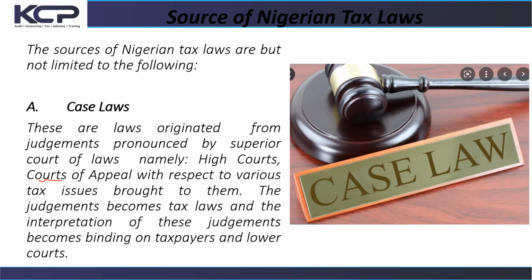Decisions made by the court are called judicial precedent, right? Meaning that as at the time that decision is made, it becomes enforceable on similar cases, right? So some of our tax laws are actually traceable to various case laws that have been made.